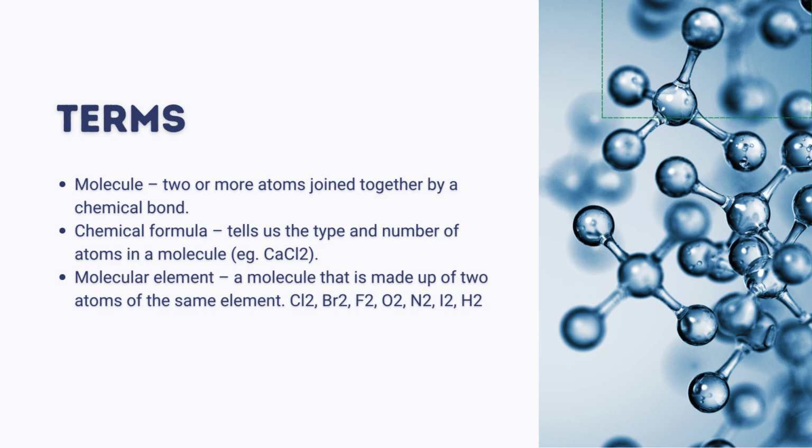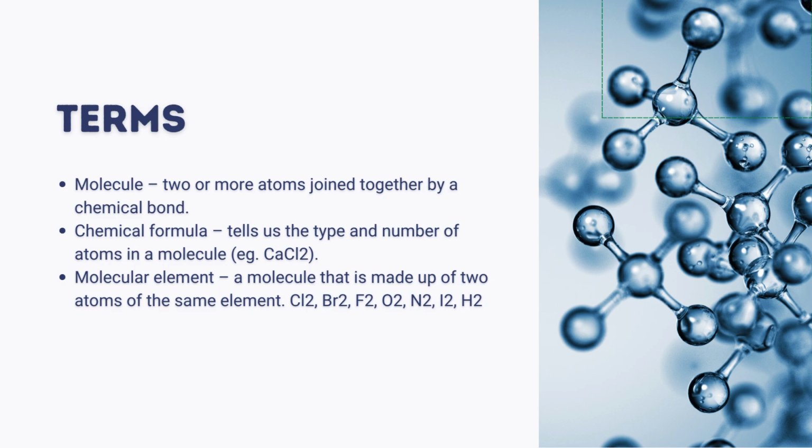and two chlorine atoms. A molecular element is a type of molecule that is made up of two atoms of the same element. This means that the chemical formula for a molecular element will be the same as the symbol for that element.